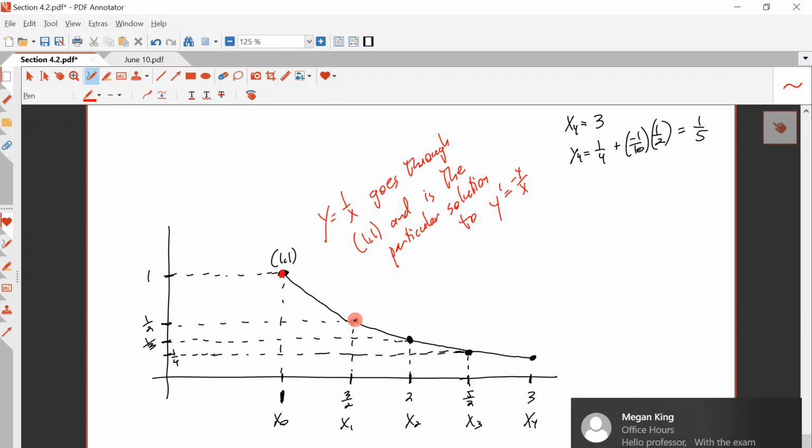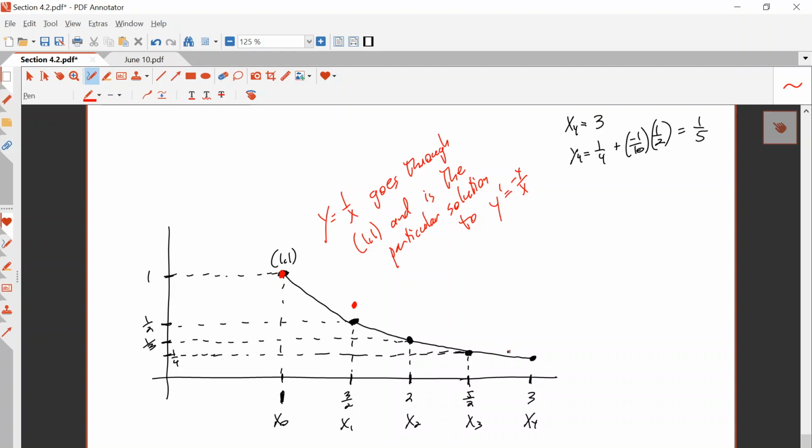So at 3/2, we have value 2/3. So we're right there. So that's 3/2, 2/3. And then at 2, we're at 2 comma 1/2. At x equal to 5/2, we're at 2/5, which is 0.4, being up here or something like that. And at 3, we're at 3 comma 1/3, which is all the way up here.